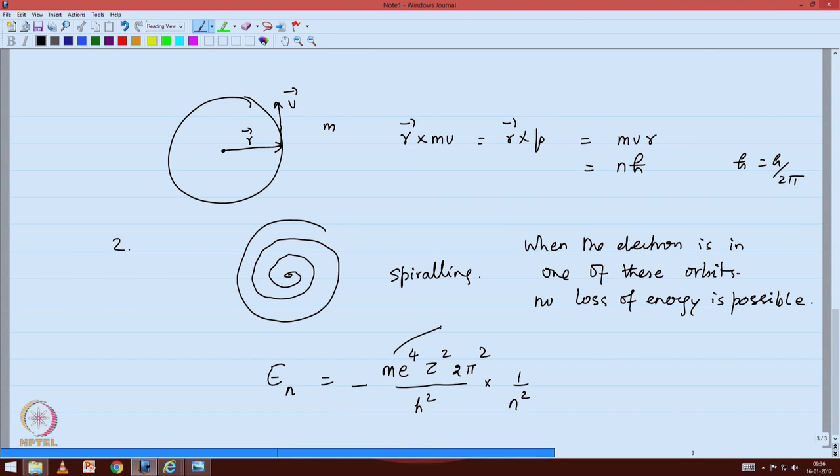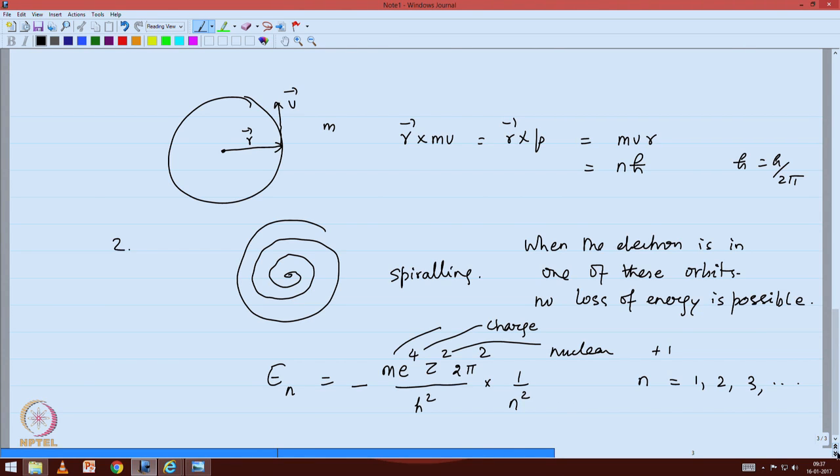M is the mass of the electron, E is the charge on the electron, the fundamental charge, Z is the nuclear charge, which is 1 in this case, and h is the Planck's constant, and n is the quantum number given the values 1, 2, 3, etc. Therefore, you can see from this formula that when n is 1, this is the most negative, and the electron being in a bound state with the hydrogen atom, the system has negative energy, and the most stable energy is the most negative energy.